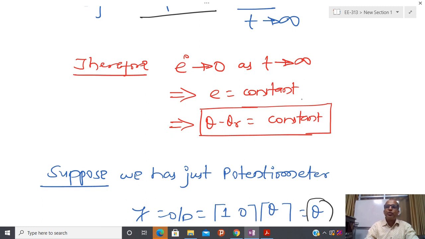So now I am going to talk about design of observer, and after that I will tell you that if I have just information of theta, meaning if I have a potentiometer, then how to calculate angular velocity from that potentiometer, using some kind of algorithm or design. So that is the next part of this lecture.